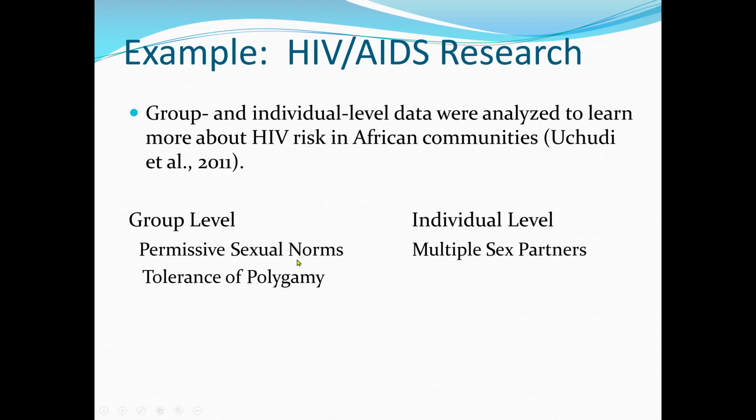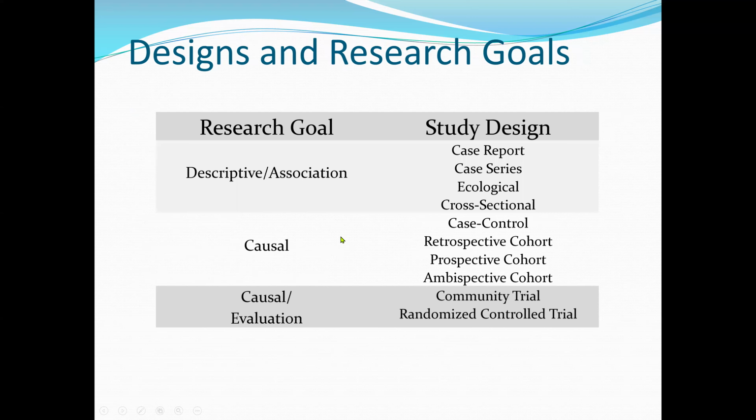Then individually, multiple sex partners. So again, group and individual level data were analyzed to test the hypothesis that societal conditions influence high-risk sexual behavior in Africa.